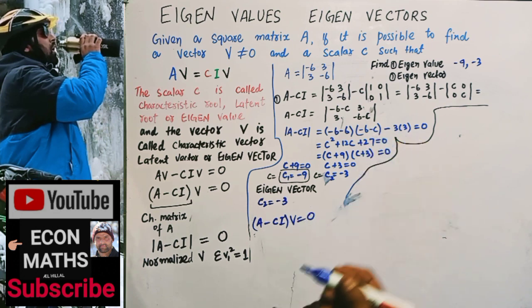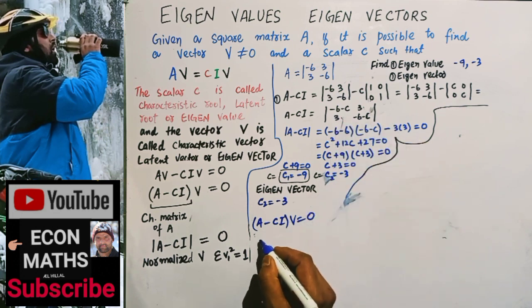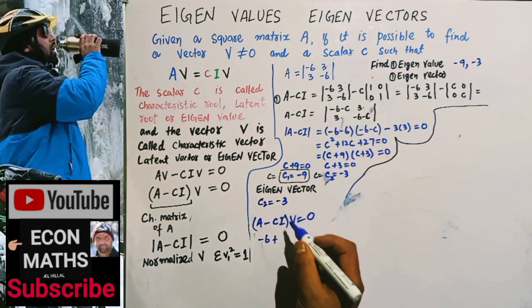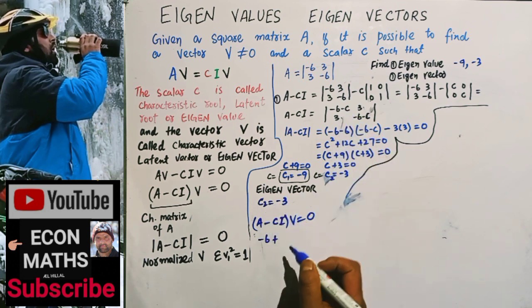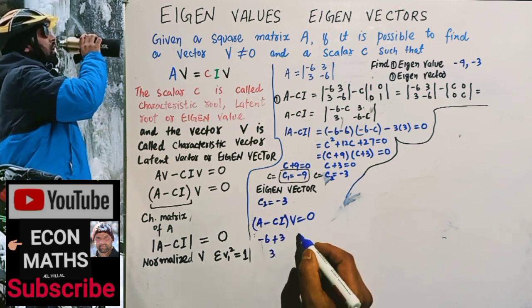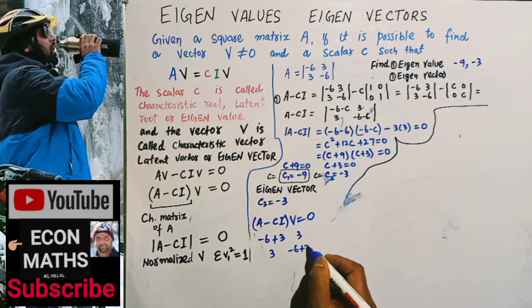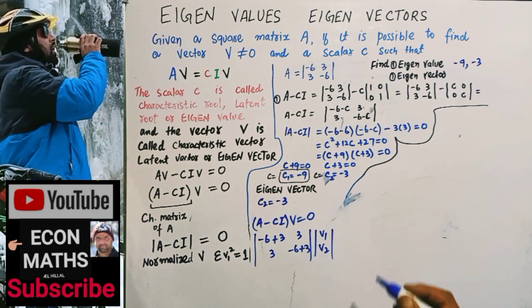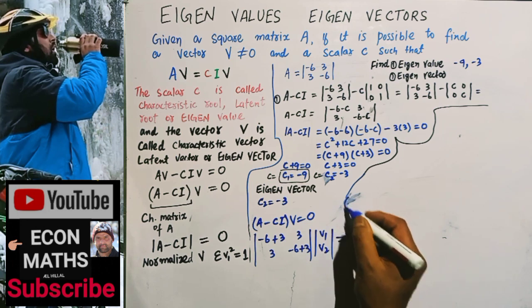So this matrix is this minus c, minus 6, so minus into minus will be plus. In place of c we will have c2, so we will get 3 here. Then we have 3 minus 6 plus 3. To this we multiply the vector v1 v2 equal to 0.